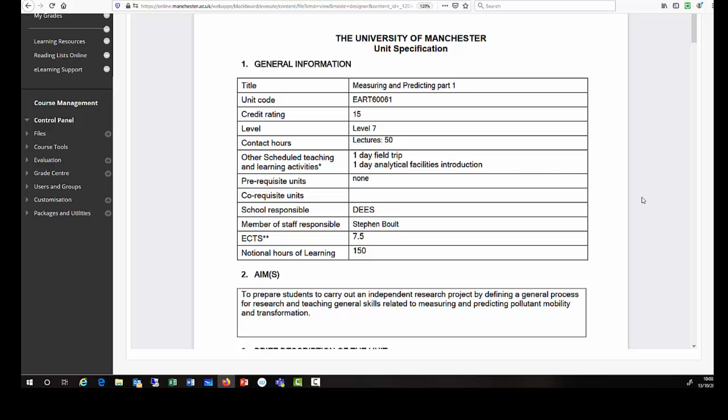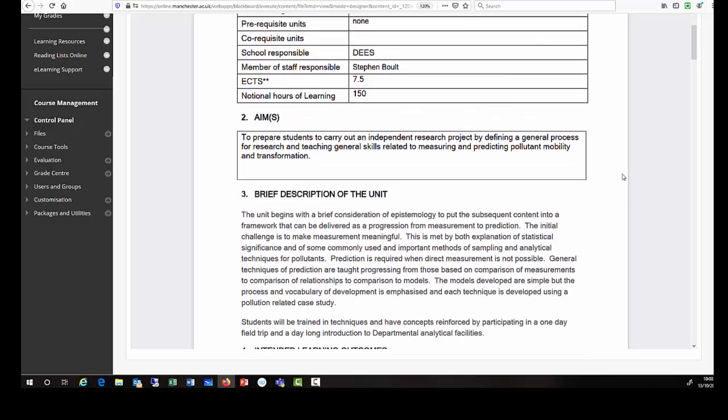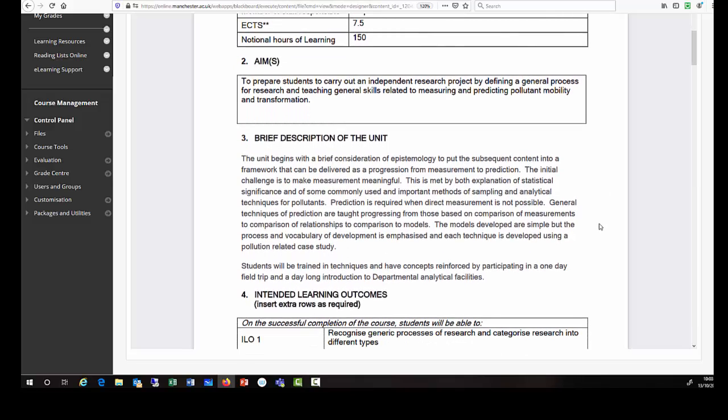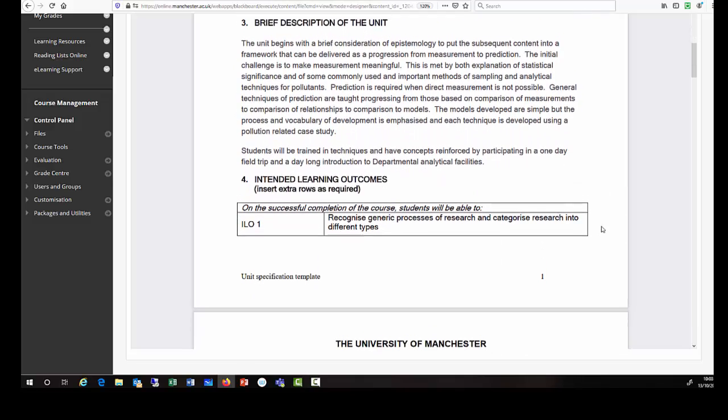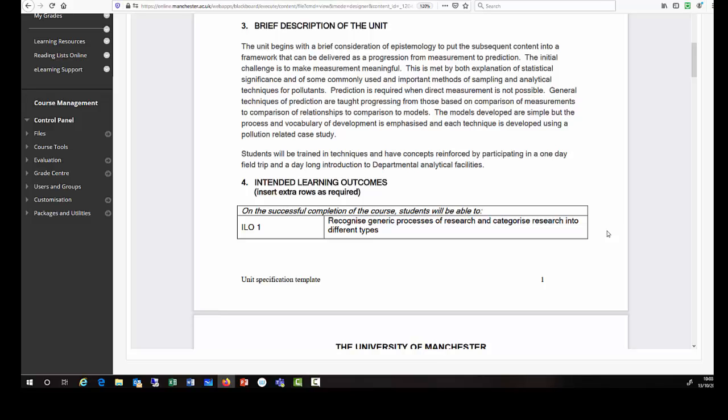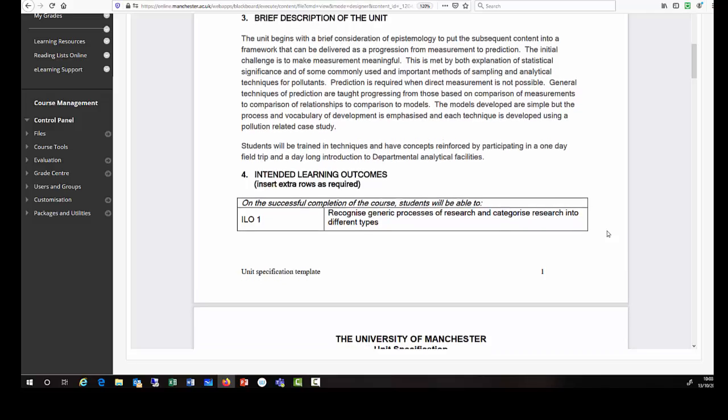This is the unit specification, the aim, which we've covered already, description of the unit, and then the intended learning outcomes, which are very similar to what we might call objectives. When you're doing your research project, you'll have an aim and you'll develop objectives, and the objectives in teaching are the intended learning outcomes.